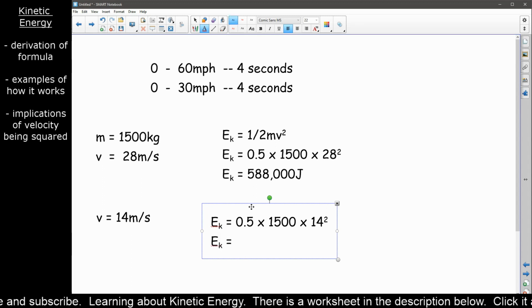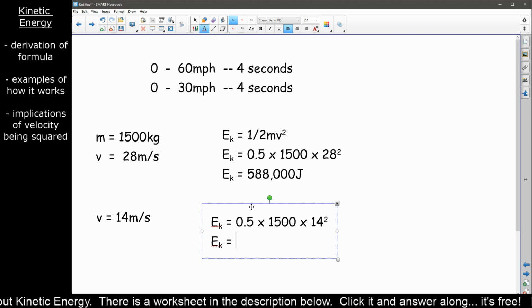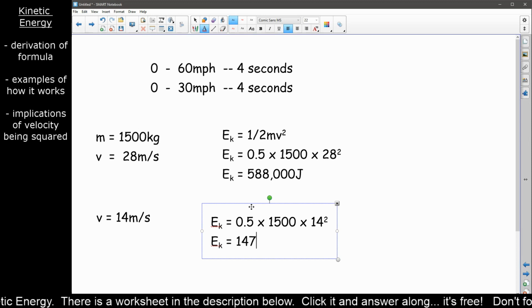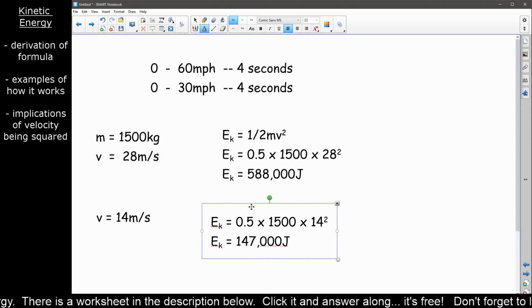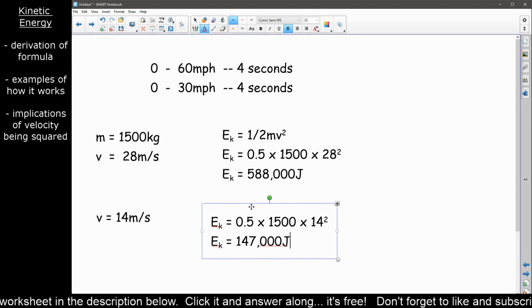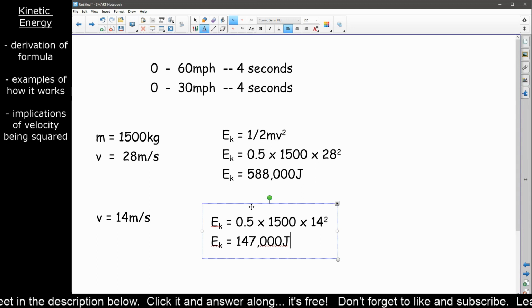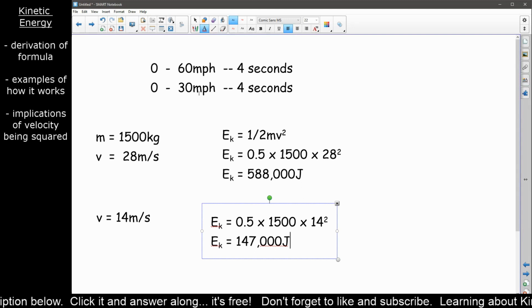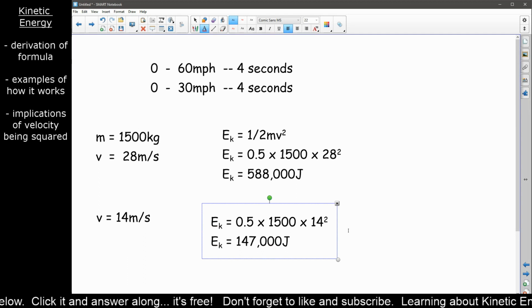Go and grab your calculator on that one, and that gets me an answer of 147,000 joules. And that's not half. The eagle-eyed amongst you will actually notice that it's a quarter. So even though it's getting to half the speed, it's taking a quarter of the energy to do it.